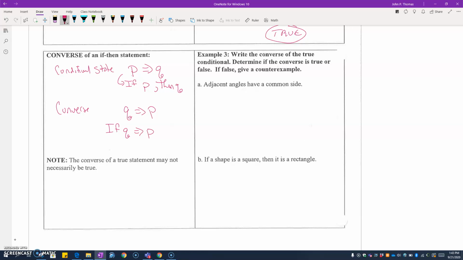Now, the converse is not necessarily true if the original statement is true. It might be. If it is, we have a biconditional, which we talked about in the first section. But if it's not, that's okay. There's no guarantee that it will be. So in this first one, it says adjacent angles have a common side. So normally that would be if adjacent, then common side.